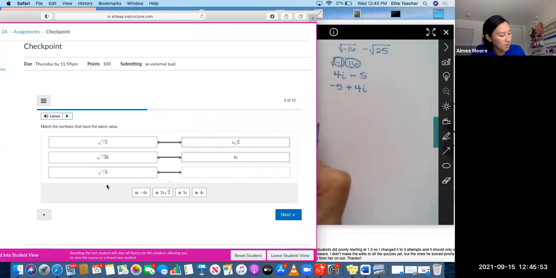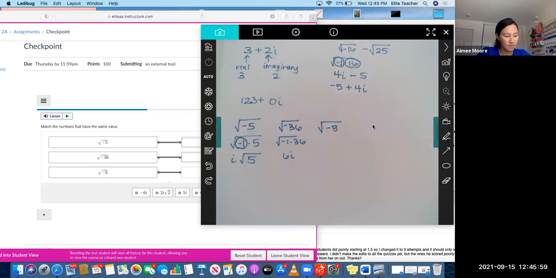And the last one, go ahead and do the square root of -8. So careful, I see lots of 4s.